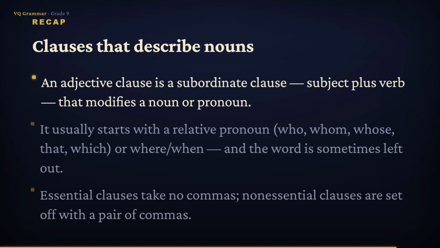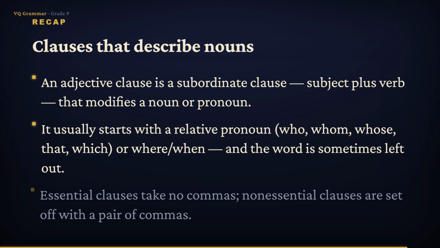Let's gather up what we learned. An adjective clause is a subordinate clause. It has its own subject and verb, yet it can't stand alone. And its whole job is to modify a noun or a pronoun. It usually begins with a relative pronoun, like who, whom, whose, that, or which, or with where or when.